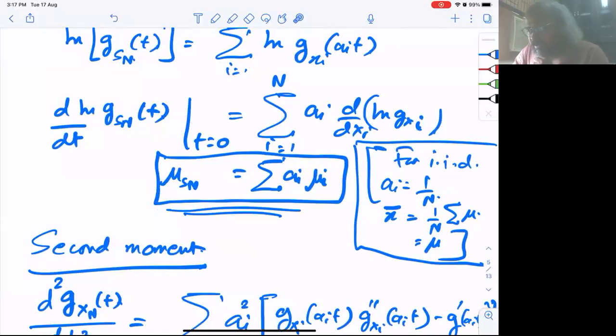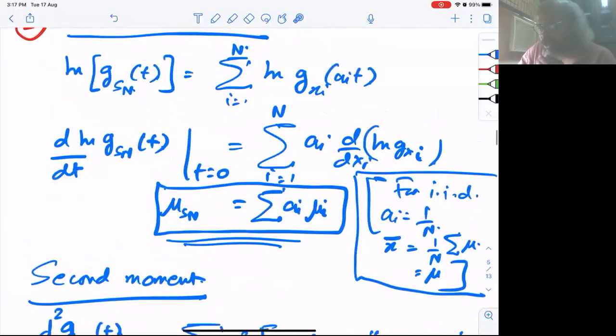A few things you can actually observe. For example, the first moment of this larger quantity, the sum, is actually just the same weighted sum, a_i times the moments corresponding to each of them. So let's go back to the simplest case.